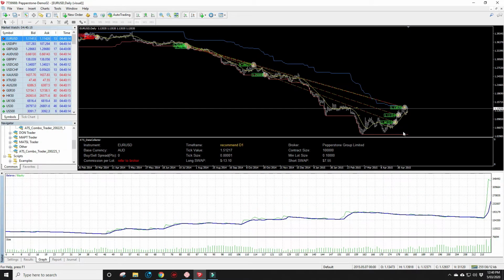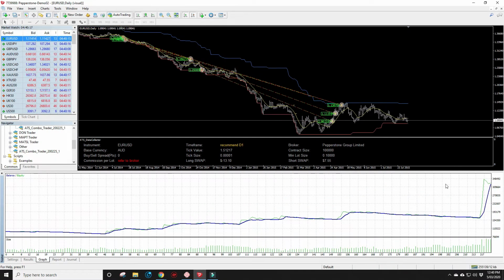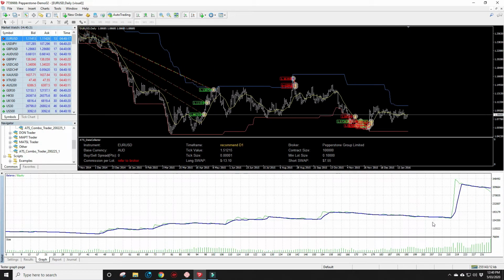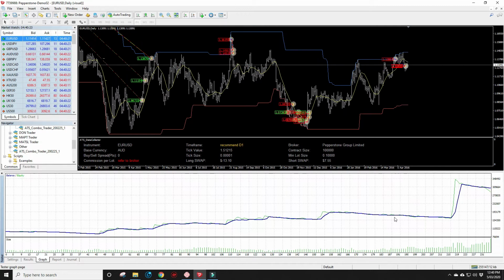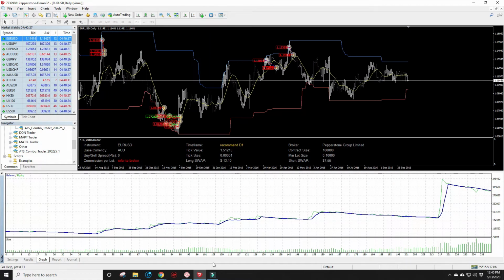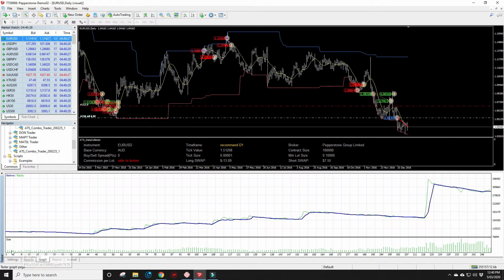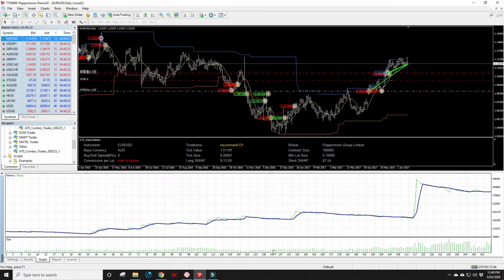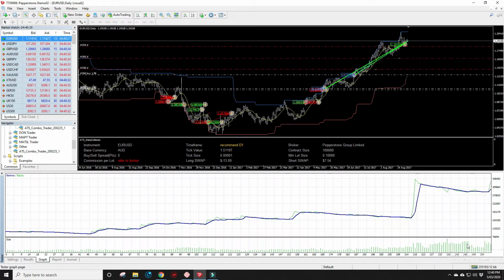But now you see we're now entering a strong trending period. We've got a large number of shorts from this Donchian trader, and our equity has now flown up. So that's very large wins with very many small losses. But you can see the overall shape of the trajectory, and you can see that with the percent trade risk, our volume in trade size is progressively slowly getting higher and higher and higher.